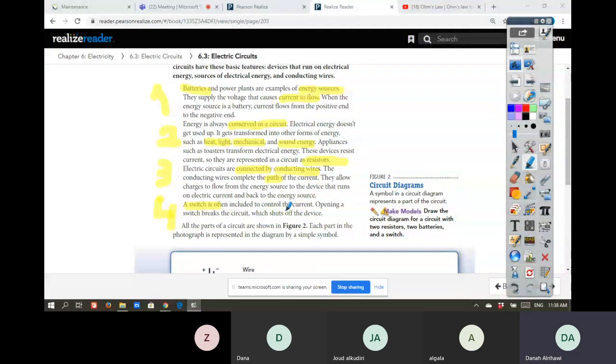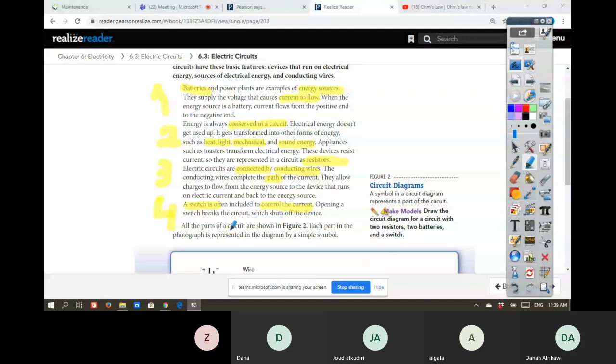But it's better to use the switch to control the current. When it's open, it breaks the circuit and the device will not work. The current will not flow. All the parts of the circuits are shown here as a symbol.